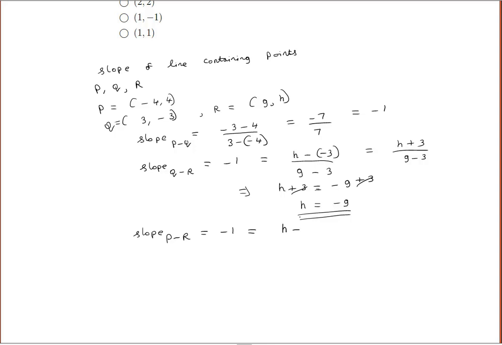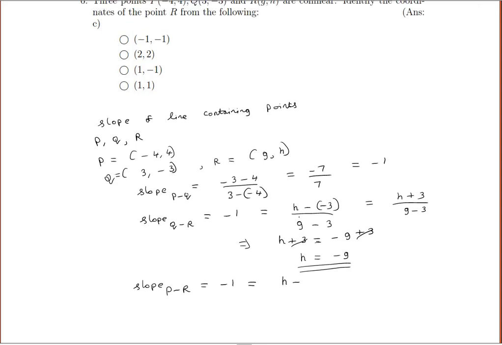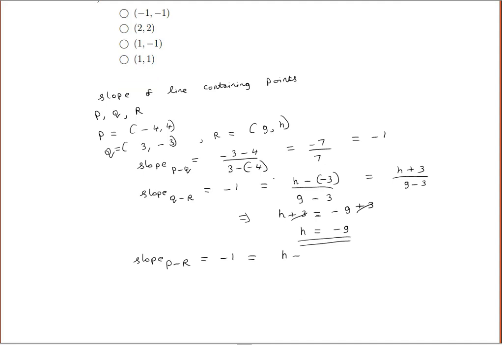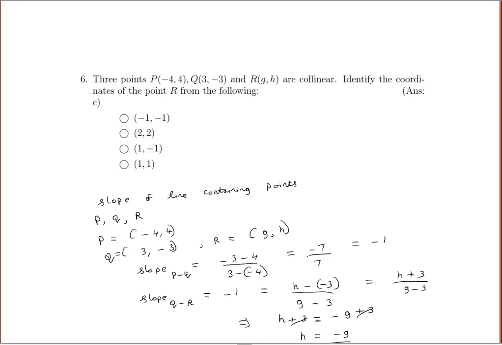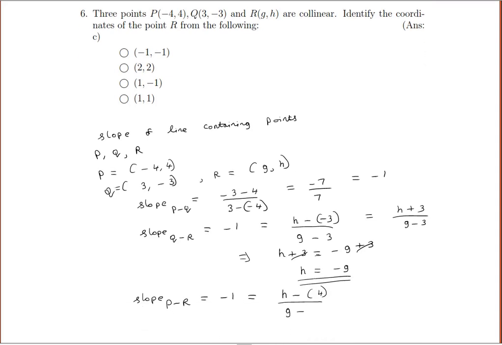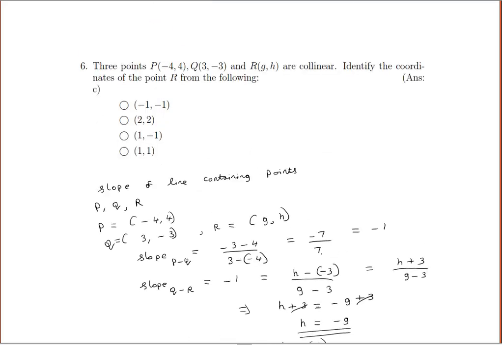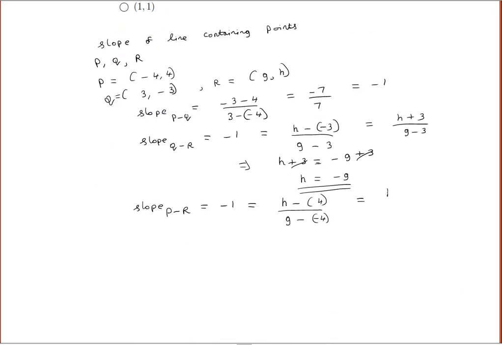So it can be written as h minus the x coordinate of R, over the x coordinate of P, which is minus 4, and g minus y, h minus the y coordinate of point P, which is plus 4, and g minus the x coordinate of point P, which is minus 4. So here we get h minus 4 by g plus 4.